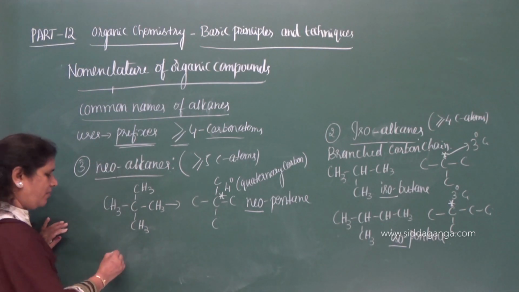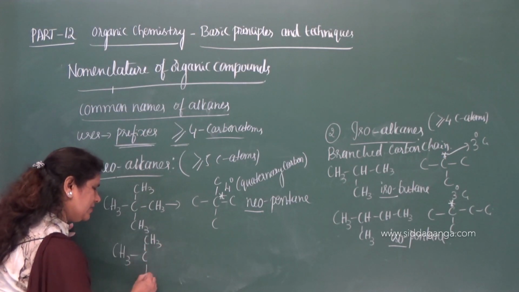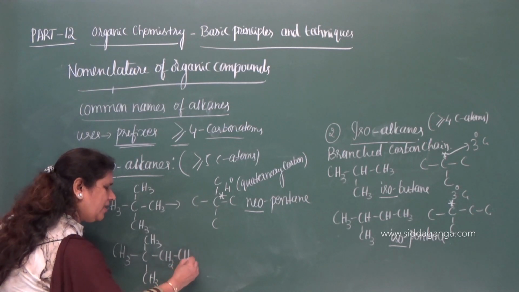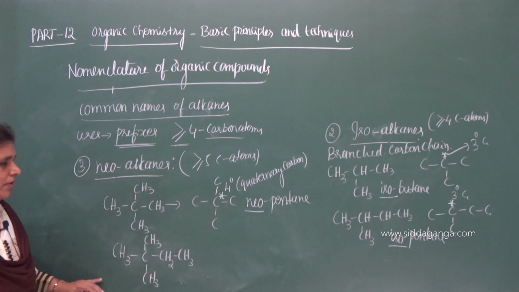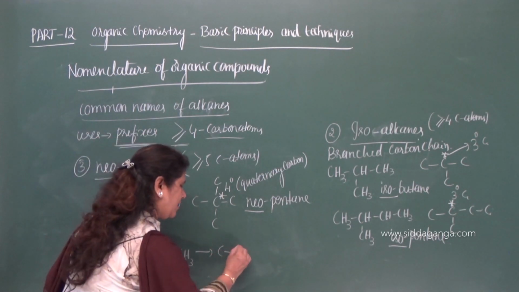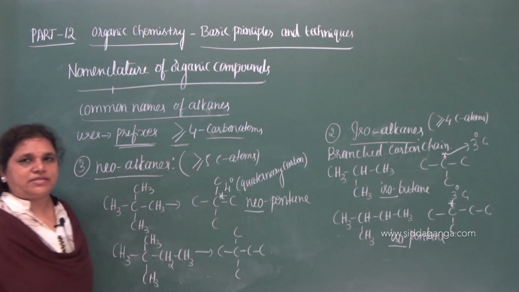Now let me give one more example. CH3, CH3, CH3, CH2, CH3. Now how many carbon atoms are here? 6 carbon atoms. Write the carbon skeleton. This is the carbon skeleton.